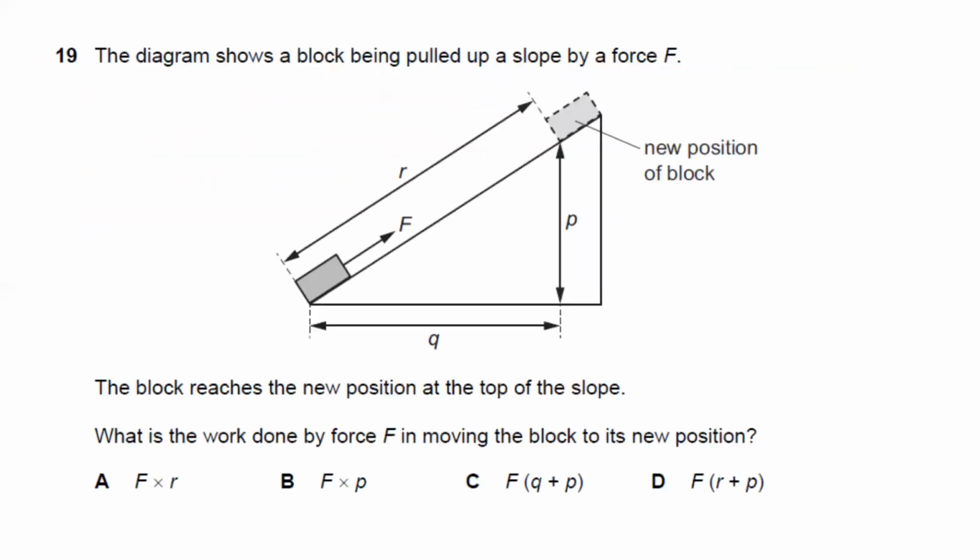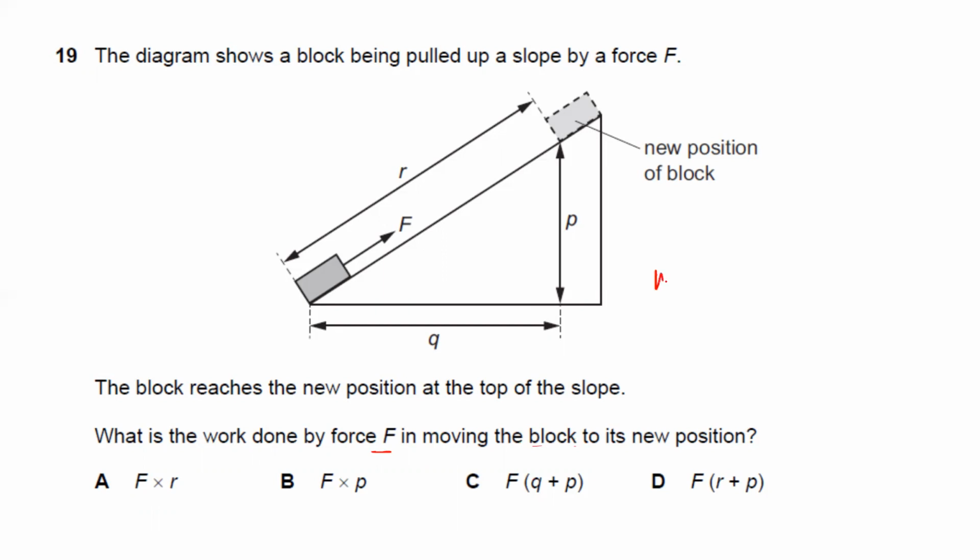Next, question number 19. The diagram shows a block being pulled up a slope by a force F. The block reaches the new position at the top of the slope. Okay, so this is the new position. What is the work done by the force F in moving the block to its new position?